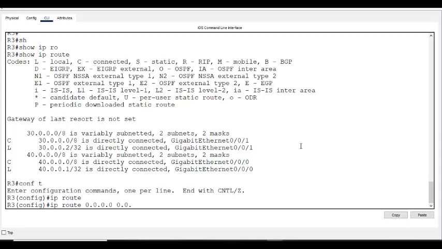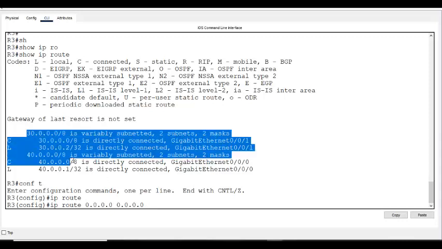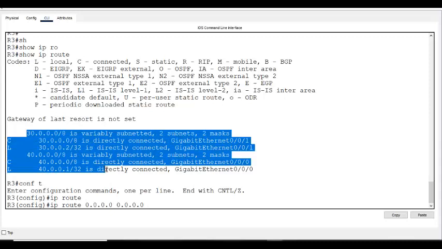Any unknown destination, if this router needs to forward, it should forward to router 2. Which address? 30001. I'm going to say send it to 30001. That's all. This is what is called a default route.